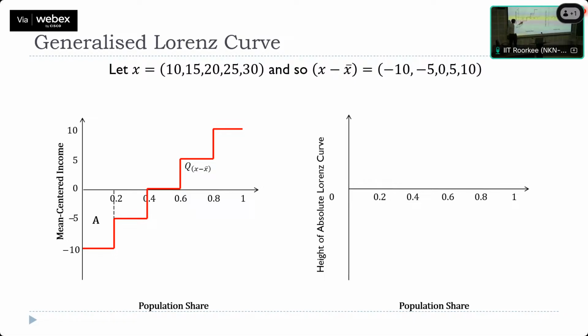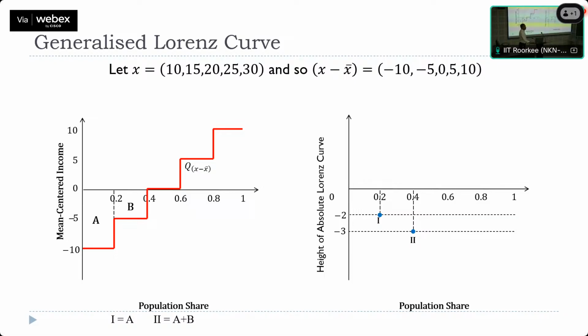Okay, this is A. Now over here, this area is going to be minus 2, because you have minus 10 times 0.2, that is minus 2. Then you have A plus B. So you add another minus 1, minus 5 times 0.2. You add another minus 1. This is what you get.